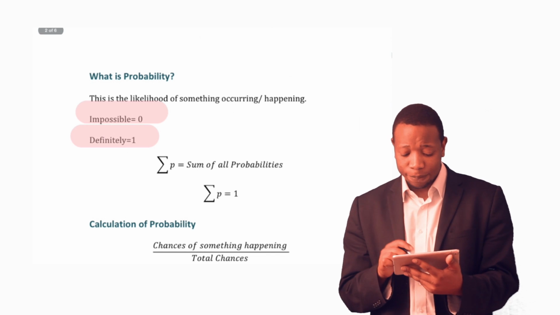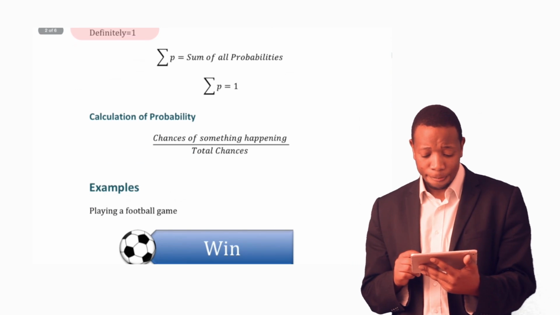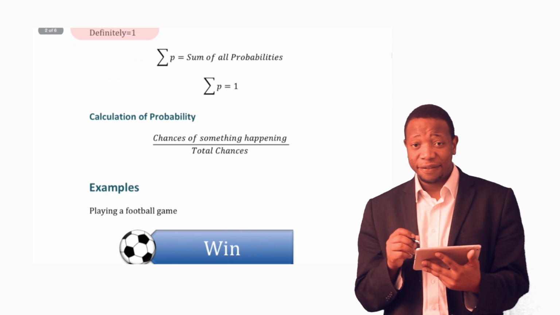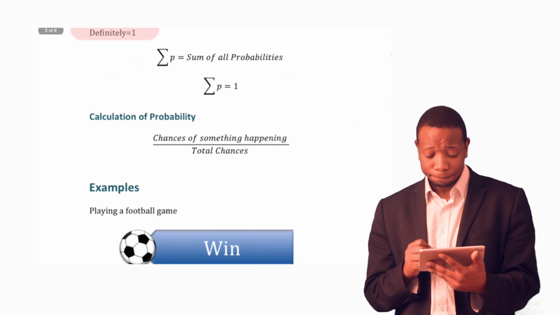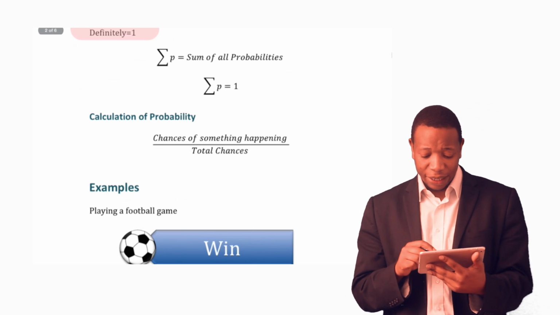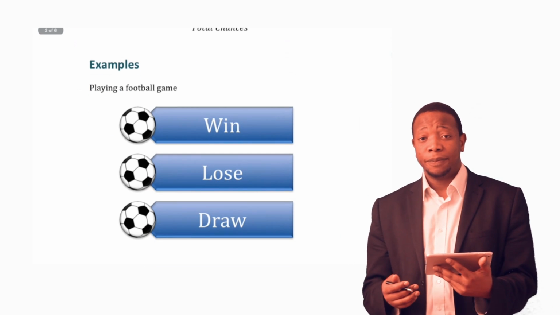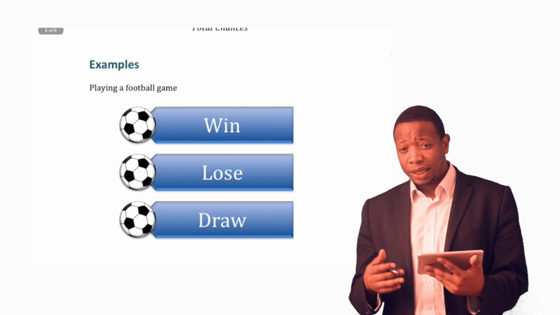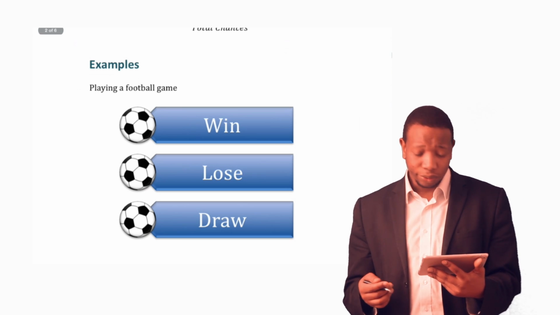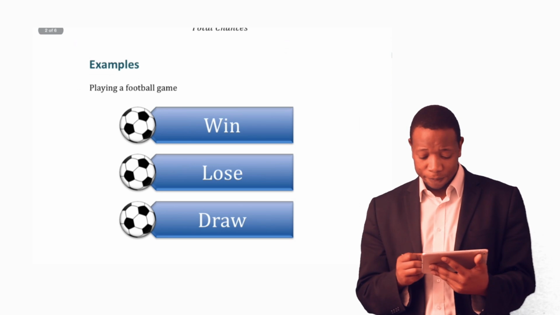Now, how do we calculate probability? We calculate it by looking at the total chances that we have for something happening, and then the chance of what we are looking at. Say, for example, you're playing a football game and you're looking at the probability of winning, losing, or a draw. Let's take the probability of a win.